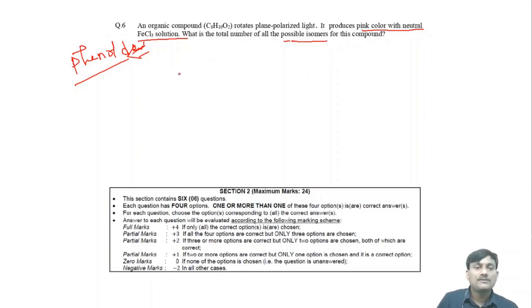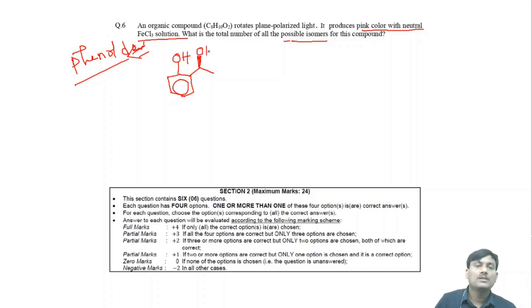So since it is a phenol derivative, you have to write down first phenol. This is a phenol. Here 6 carbons are there, and you have 2 more carbons. You can put here, and also 1 more oxygen. So you can put this one.